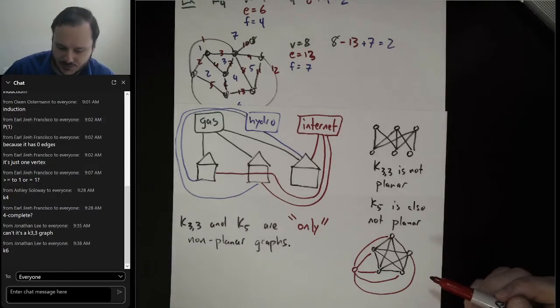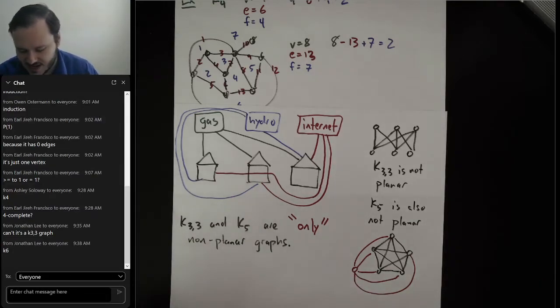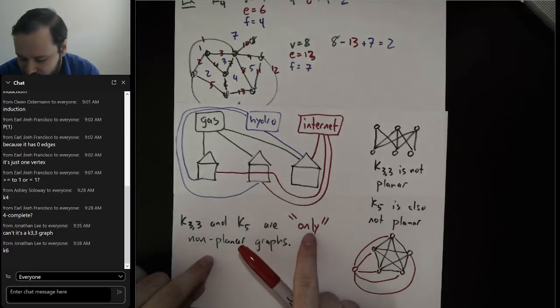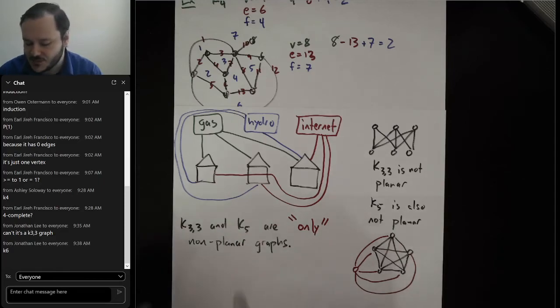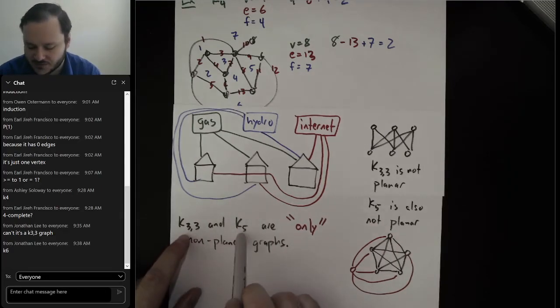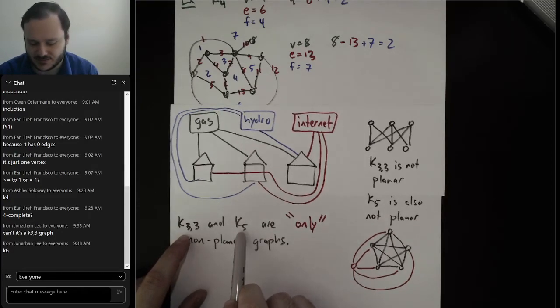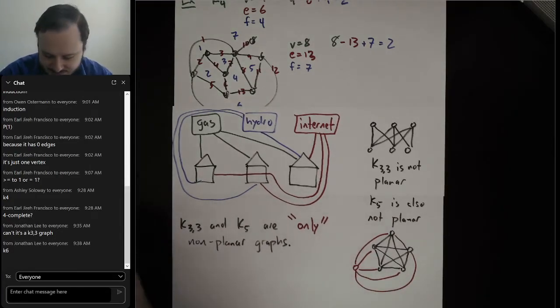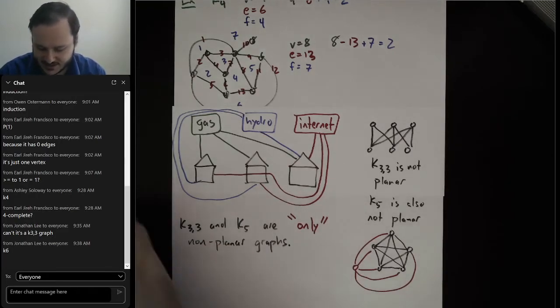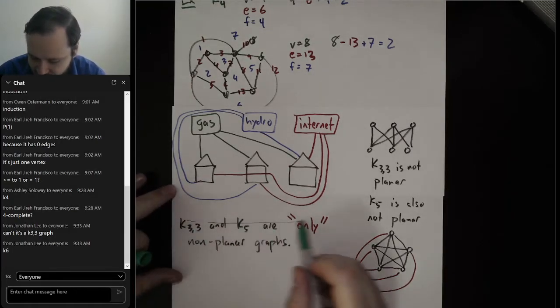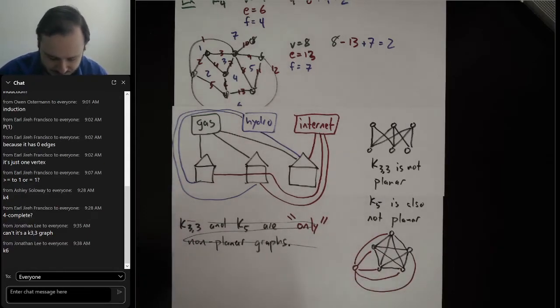And that's true. So what I mean when I say K33 and K5 are the only "non-planar" graphs is, if you are not planar, then you contain one of these as a subgraph. I'm going to write that down. Scratch that out because that's not really true.